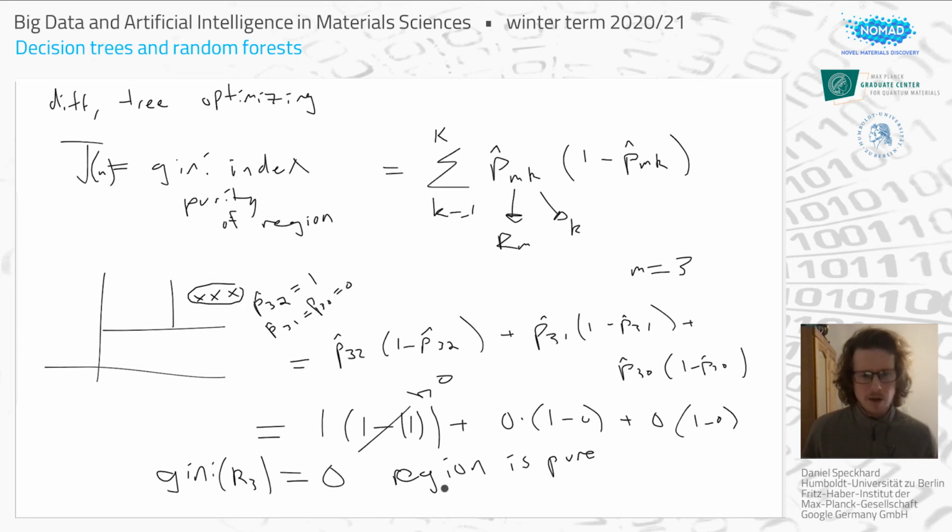We're going to try and make our Ginis as close as possible to 0, so we're going to try and minimize these Ginis for all of the regions that we're looking at. And so we're going to make splits to minimize the Gini of the total region that we start with. We'll explain that in this next frame.